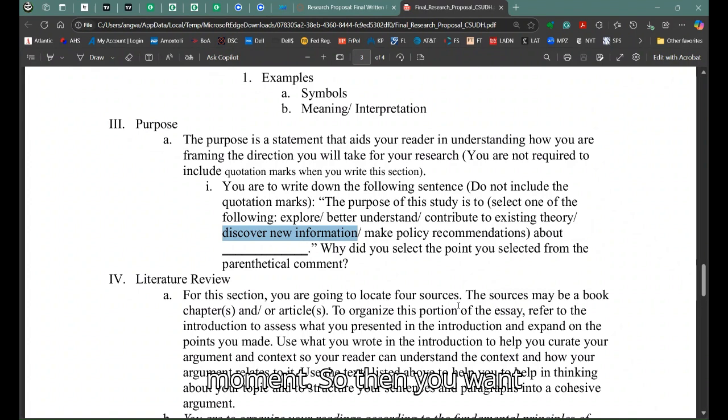So then you want to incorporate that new information into the broader discussion about your topic and indicate, from one or two of your sources, why that source isn't complete, and that you want to include that piece of information that they don't consider. And then you have to explain why you're introducing that piece of information into the broader discussion, right?